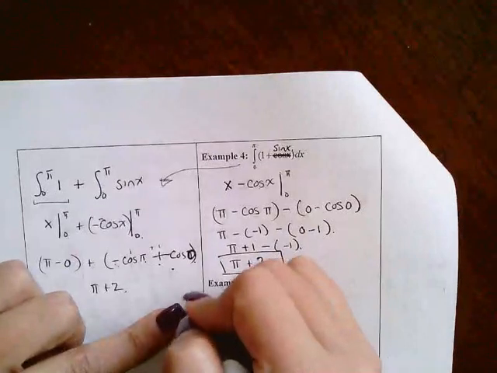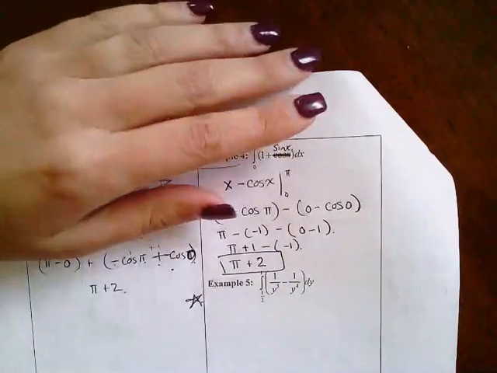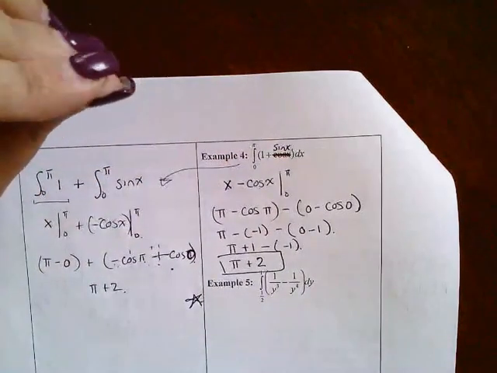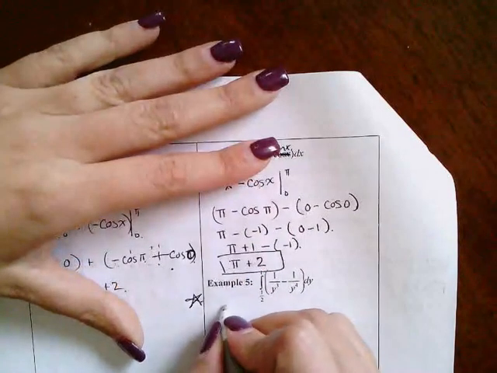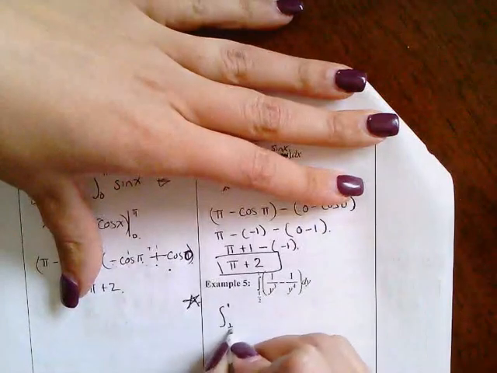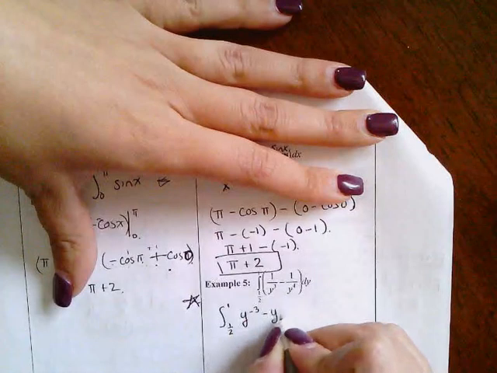Alright, I want to do this together in class. I'm going to start you guys off, and basically the easiest way to do these problems is turn them into a negative exponent first. So this is y to the negative 3 minus y to the negative 4.